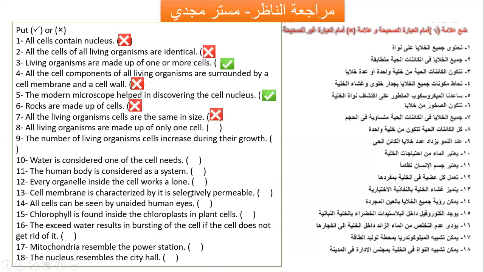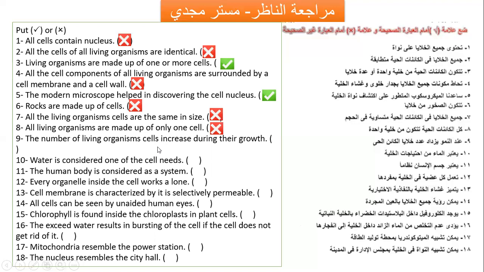No, this is wrong. All living organisms are made up of only one cell? No. Some of them are one cell, unicellular organisms like bacteria, and the others are multicellular like plants and humans and animals. So this is wrong.